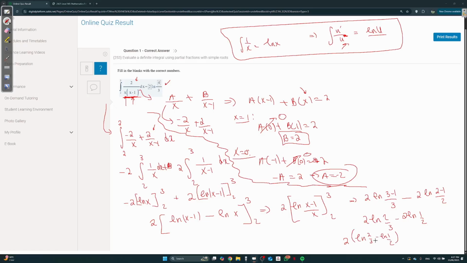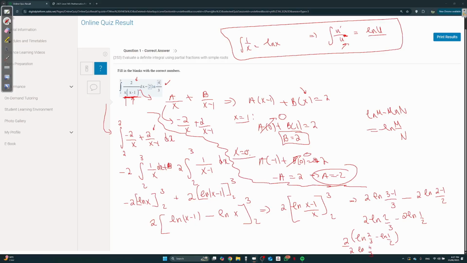And you know, when you subtract lns, what's the rule for ln m minus ln n? It's equal to ln m over n. Remember, ln m minus ln n is equal to ln m over n. You divide. So 2 ln of 2 over 3 divided by half is actually 4 over 3.